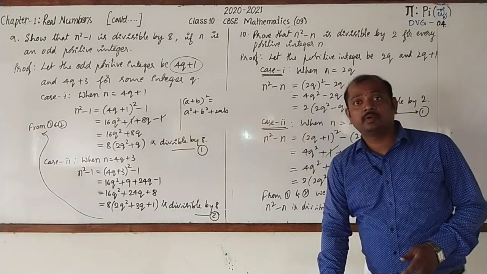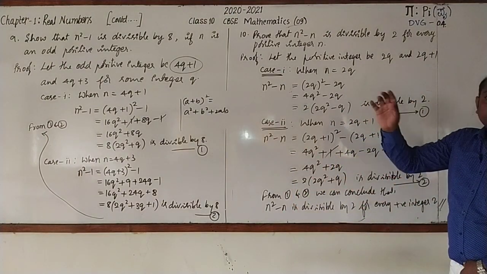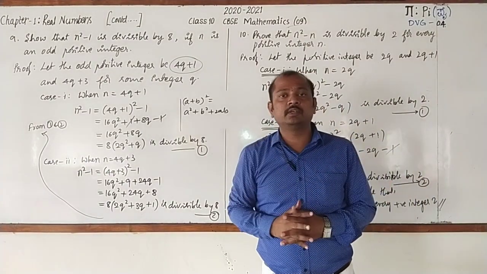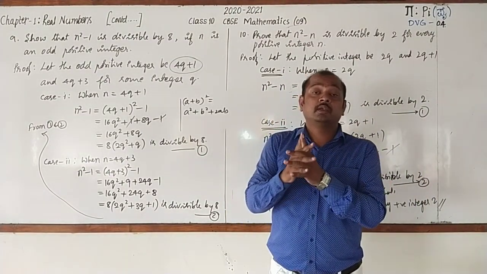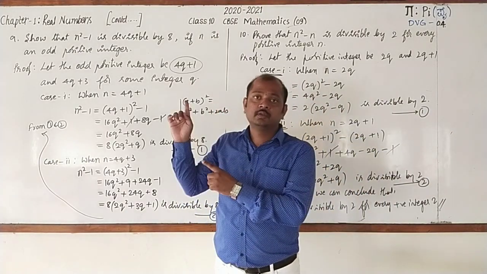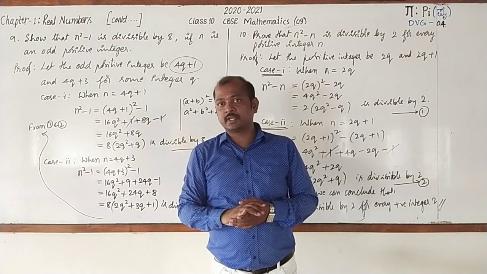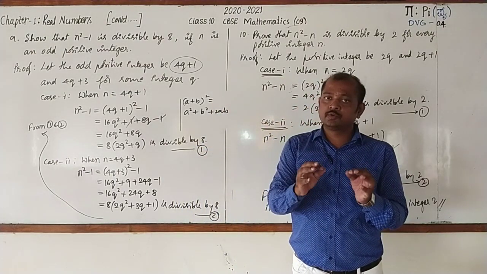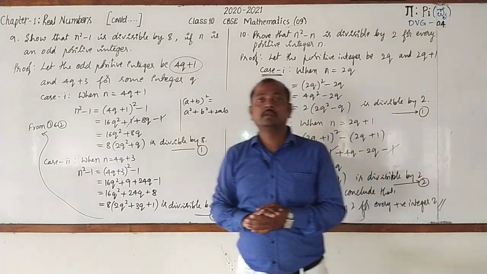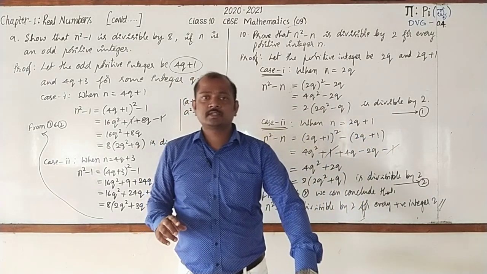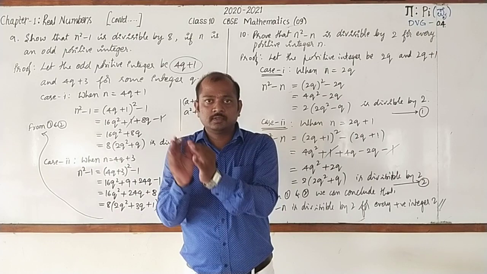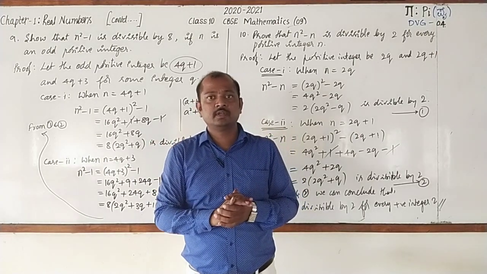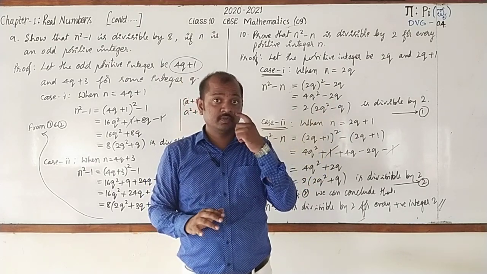I hope that you have understood and you have to practice. Particularly today's problems, what we have solved, all are very important from the examination point of view. And you have to focus more on the additional problems as well. Okay, dear students, before concluding today's class, let me give you the information. In today's class, particularly we came across terminating and non-terminating recurring decimal expansions and also additional problems.